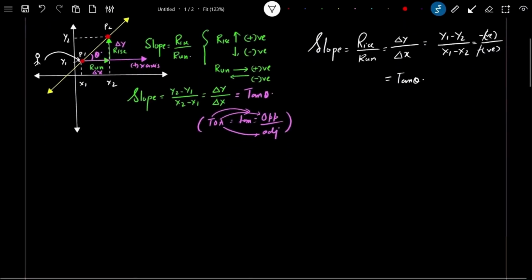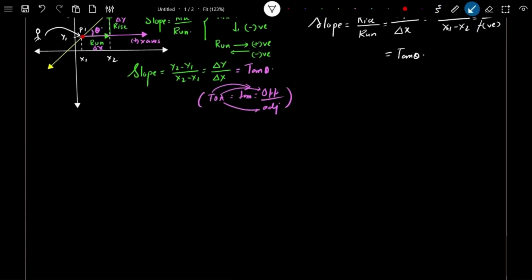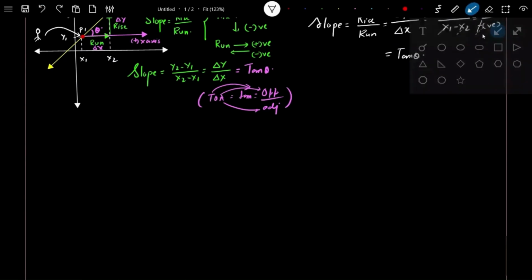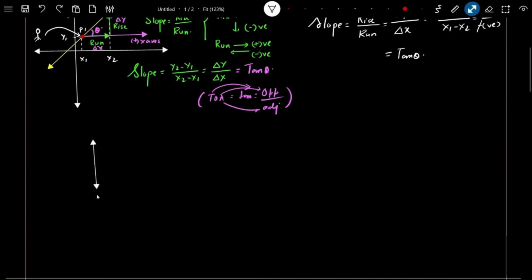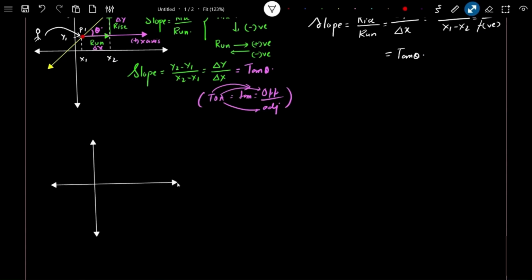Now let's see this case for all the four different cases. Let's see it first for, okay, we choose the right combination. Let's see this for a line which makes an obtuse angle. So out here, we're going to pick 2 points. Let's say this is 1 point and this is 1 point.